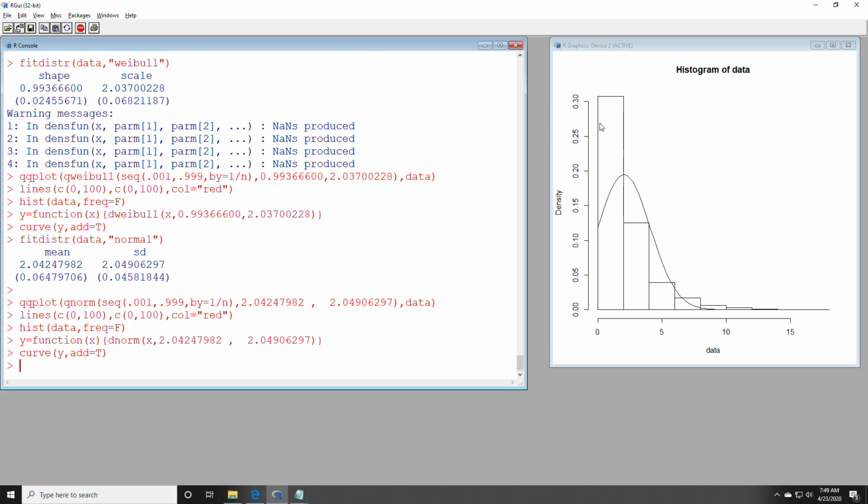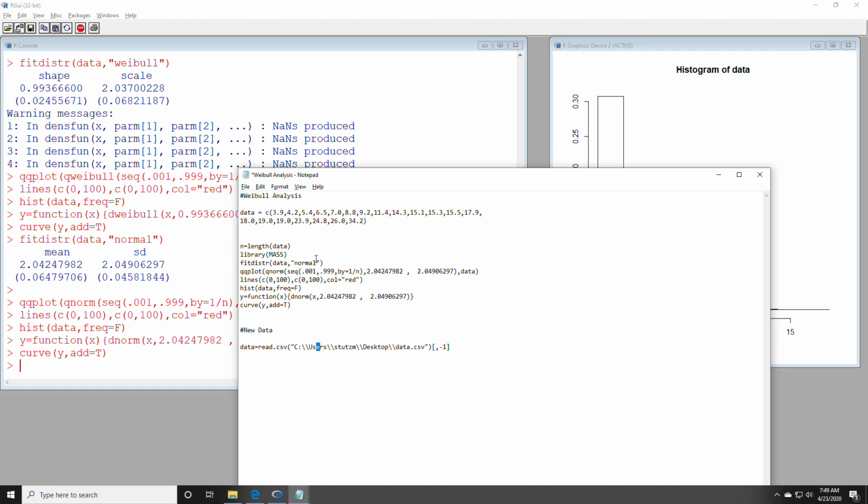I didn't really say what this could have been. This could have been a time variable, but in either case, there appears to be no negative values in the histogram, in the actual observed data. And that's probably about 40% of the probability being chopped off, right? So this just doesn't make any sense at all to model this data. Clearly the normal distribution is not appropriate.